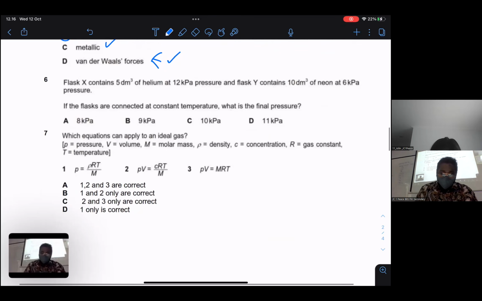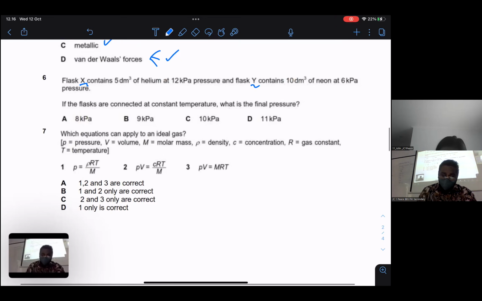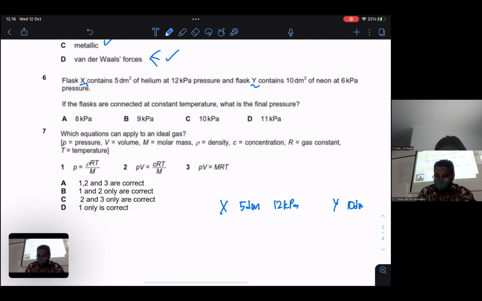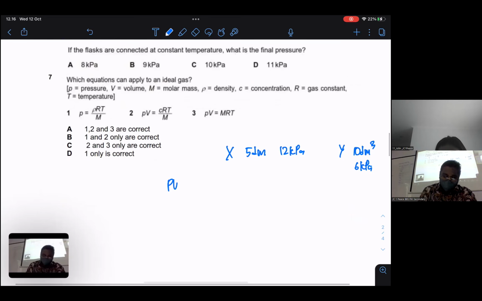Now here, plus x and plus y. This one I already taught you just now, so please take note of how to do it, but I can just go through this again. So x, you have helium, which is 5 dm cube, 12 kilopascal. Y is going to be 10 dm cube and 6 kilopascal. So just use PV equals nRT.